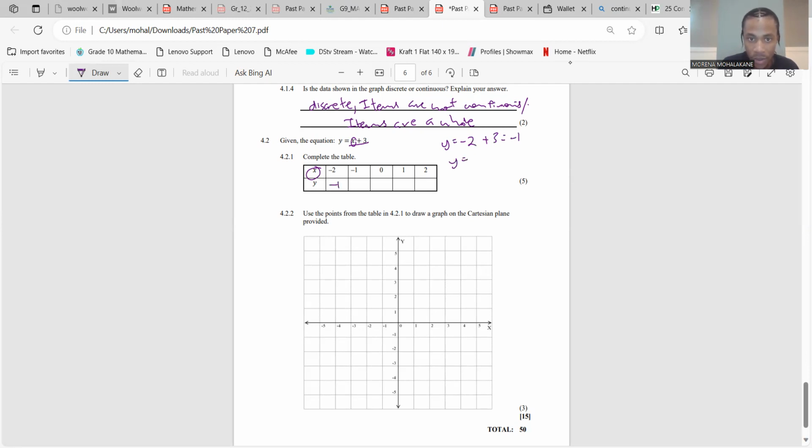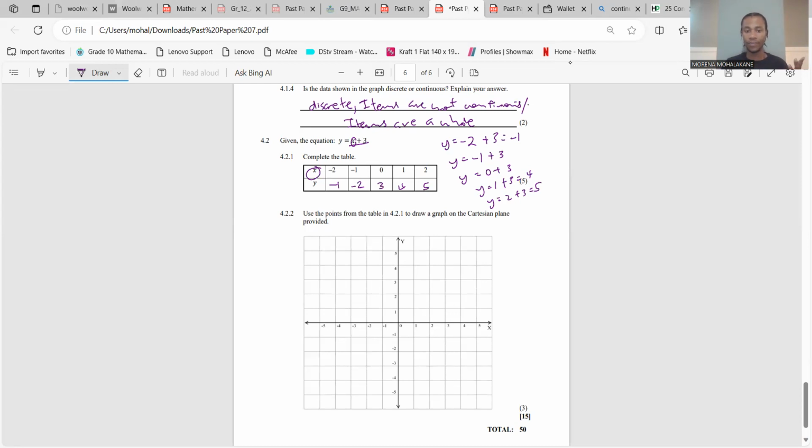Y is equal to -1 plus 3, which is going to give you -2. Y is equal to 0 plus 3, which is going to give you 3. Then y is equal to 1 plus 3, which gives you a 4. So y is equal to 2 plus 3, which gives you a 5.